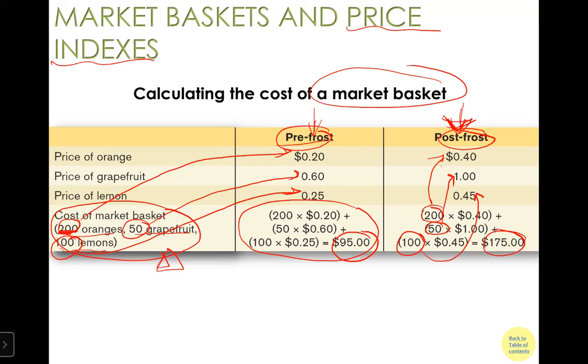That's going to give you 175, right? So this is how we calculate the cost of a market basket. But in reality, the market basket is way more complicated than here, right? I showed you the example before the break.